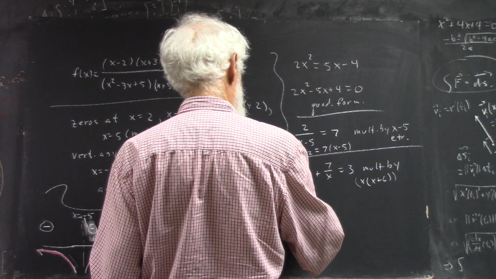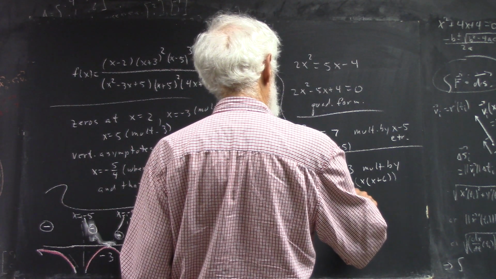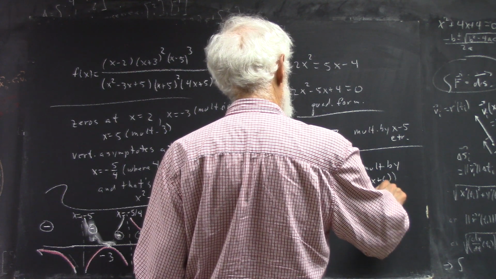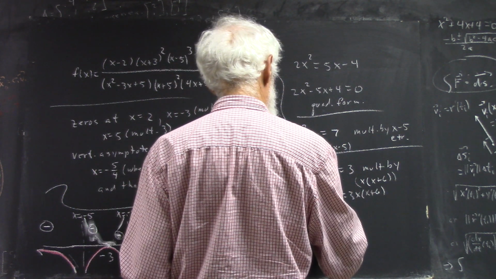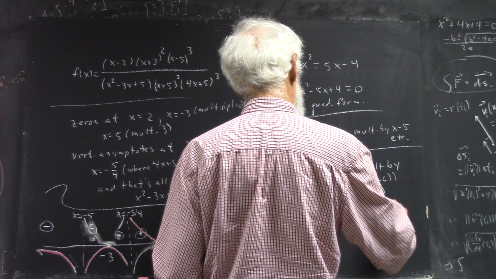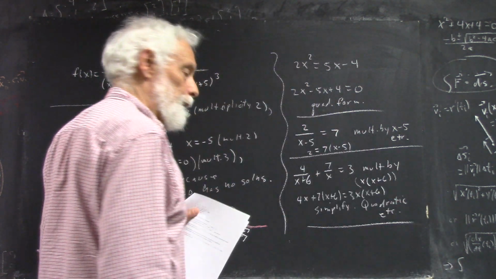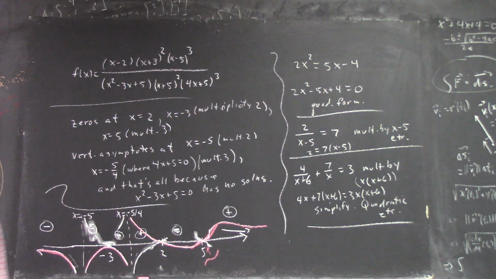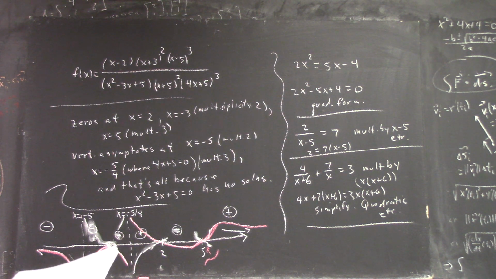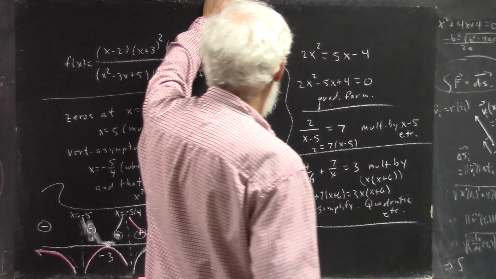When you do that, you get 4x plus 7 times x plus 6 equals 3x times x plus 6. Simplify it, find that it's quadratic, and you probably end up using the quadratic formula, as I manipulate it, which I probably won't, so that it's factorable. Okay? Just basic equation solving that we've been talking about since January, and hopefully it's sunk in.